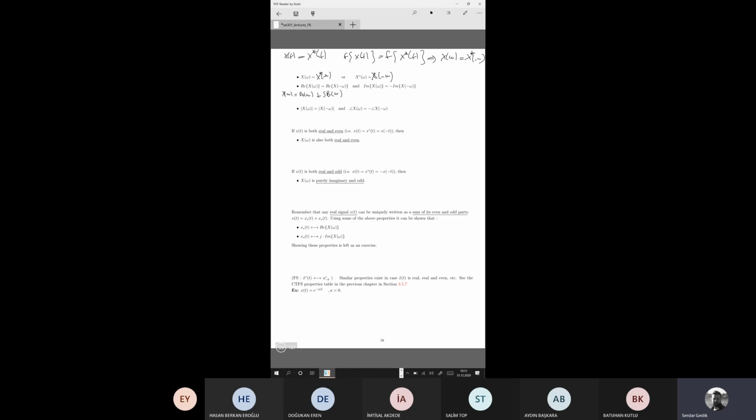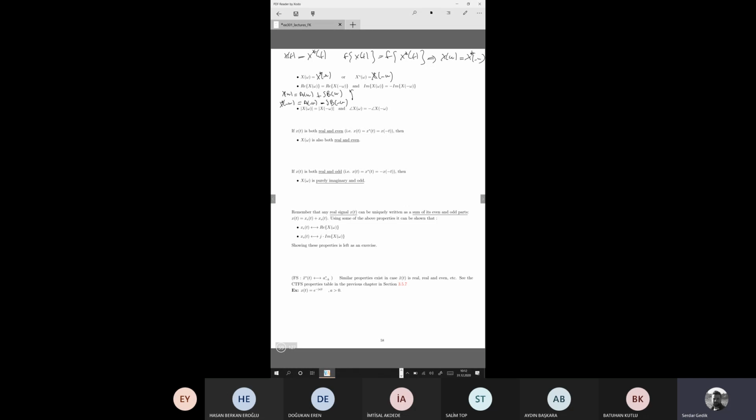So let's assume that X of omega has such a form. So what about X conjugate of minus omega? Instead of omega I will put minus omega, so this is a of minus omega. For conjugation I should negate this: minus j b of minus omega. So it tells me that both are equal.